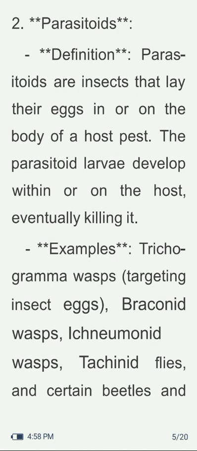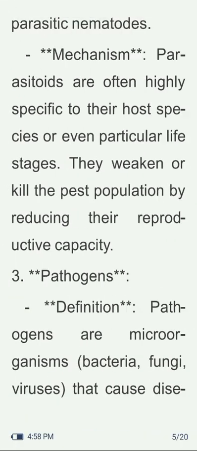Examples: Trichogramma wasps, targeting insect eggs, then braconid wasps, ichneumonid wasps, tachinid flies, certain beetles, and parasitic nematodes. Mechanism: parasitoids are often highly specific to their host species or even particular life stages. They weaken or kill the pest population by reducing their reproductive capacity.